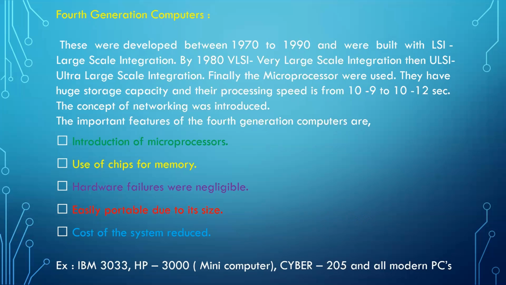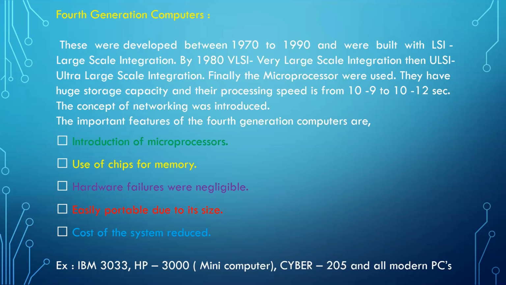The important features of fourth generation computers are, the first one, introduction of microprocessor. After the invention of the integrated circuit, it was slowly developed stage by stage. Initially they started with IC, then it was improved to large scale integration, then further improvement, very large scale integration, and next ultra large scale integration.